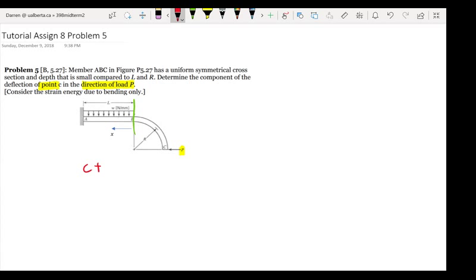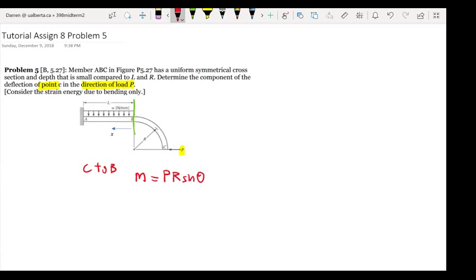From C to B, you can see that's the horizontal force acting on point C. So I'm just going to write the moment equation right now for the beam from C to B. The moment is equal to P, the force, times r sine theta.